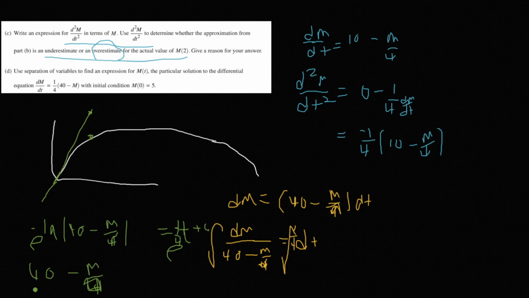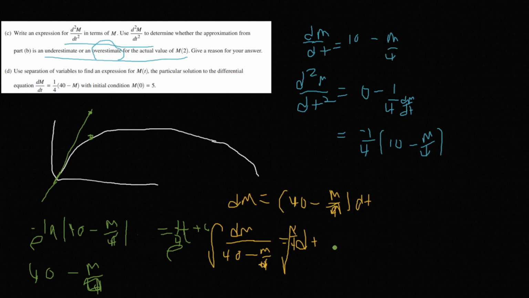And then we solve for m, because this is negative. We're going to add this to both sides, and then subtract it.